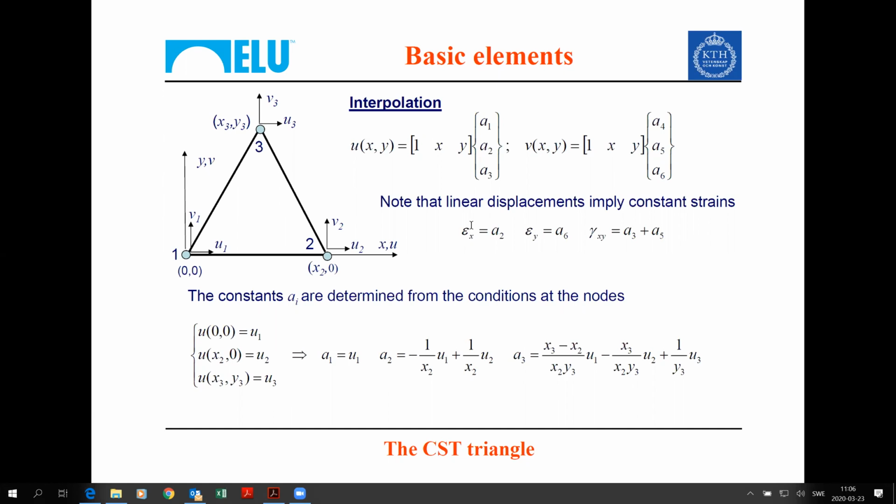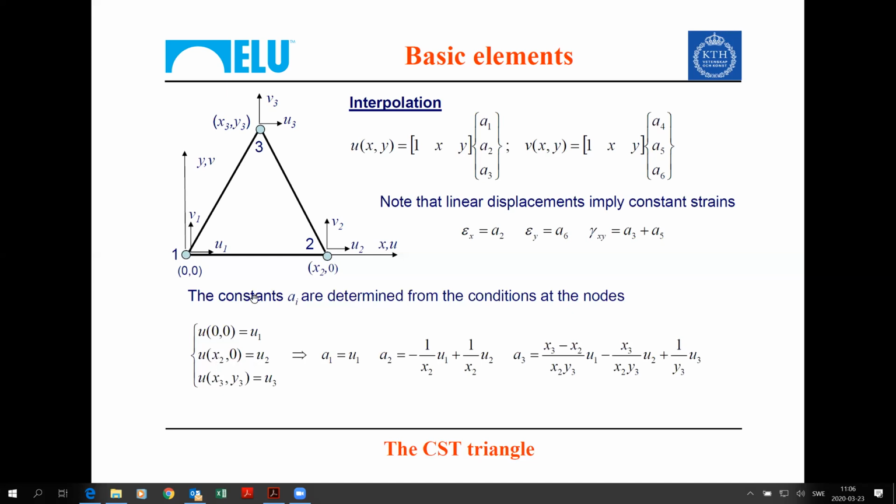They are constant. How do we determine the constants A1 to A6? Let's look first at A1 to A3. We know that if we choose the origin of the coordinate system at node 1, with the x-axis going from 1 to 2 and the y-axis orthogonal, then u of 0 and 0, so u at node 1, should be equal to u1.